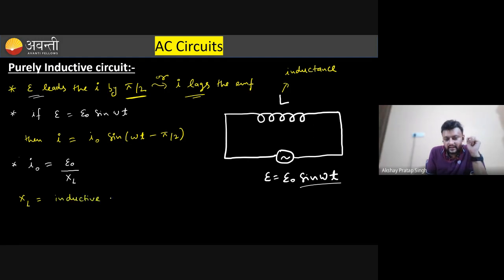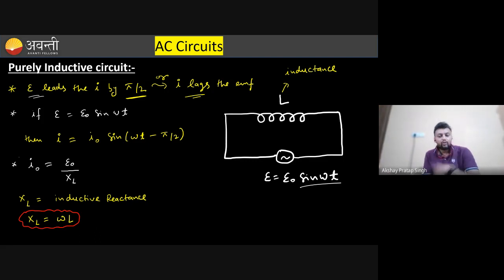What is known as inductive reactance? Very good. What is the formula for this inductive reactance? The formula for this inductive reactance is omega L. Write down everything. XL is omega L. What is omega?